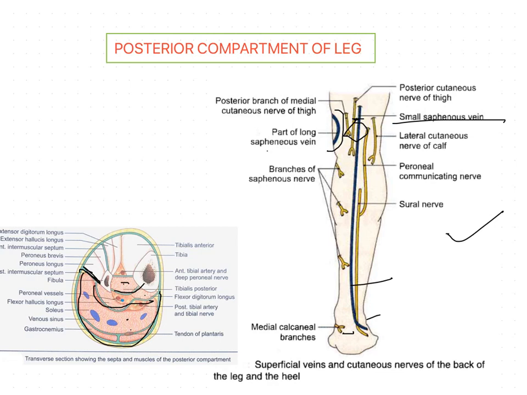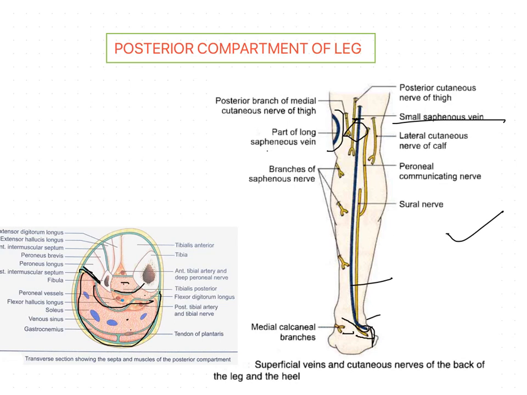If you see the short saphenous vein or small saphenous vein, this vein is formed on the dorsum of the foot by the union of the lateral end of the dorsal venous arch with the lateral marginal vein. It enters the back of the leg by passing behind the lateral malleolus.